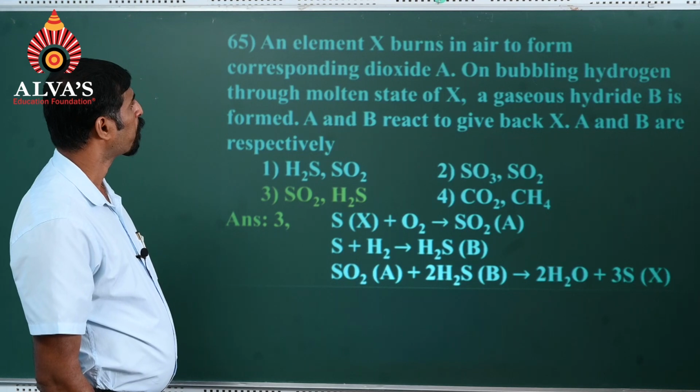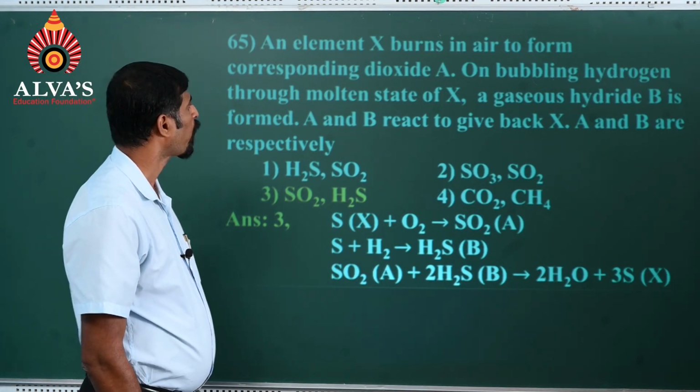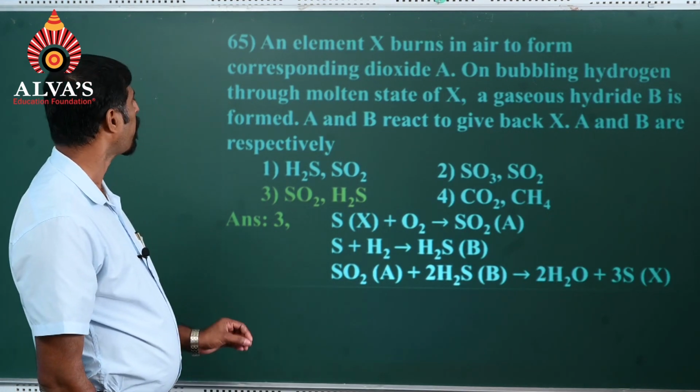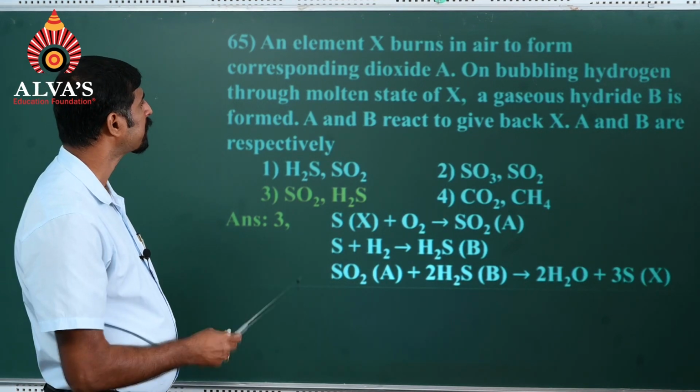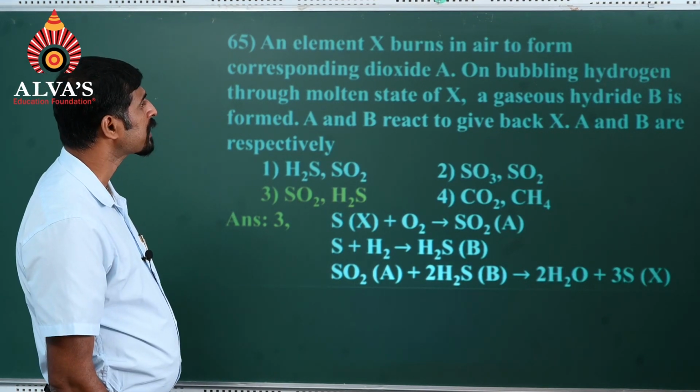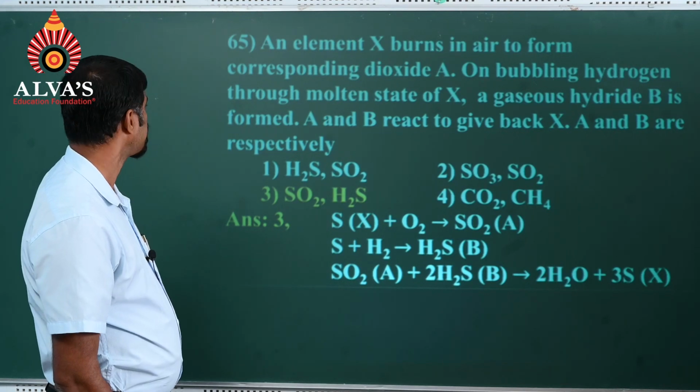Next we'll move on to question number 65. An element X burns in air to form the corresponding dioxide A. On bubbling hydrogen through the molten state of X, a gaseous hydride B is formed.